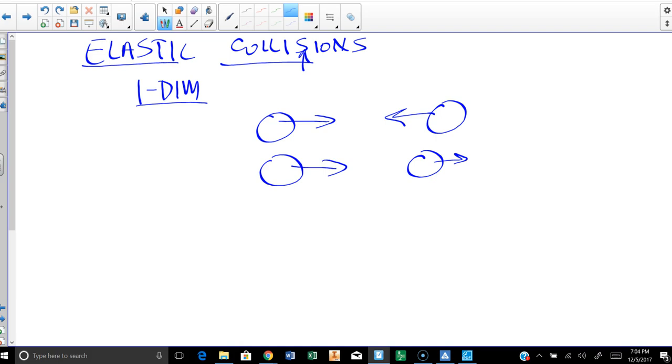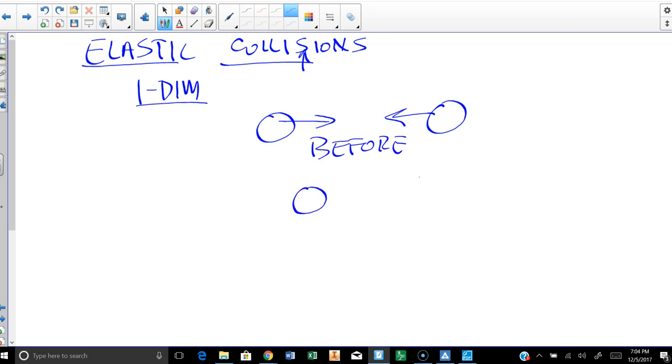Which means that if we look at this situation as an example, and we consider this the before, depending on their masses and so forth, let's just say they bounce off and go in opposite directions. So object 1, object 2, and they hit and maybe go like this.